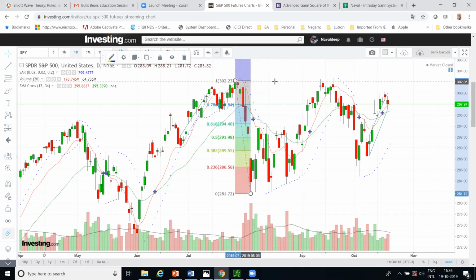There was one top here, there's another top here. It becomes a double top. Then there's one more, which is a little above. Now these double tops need not be exactly the same number. They could be like 370, 360, 320. So you consider them as double tops in this case of SPY.